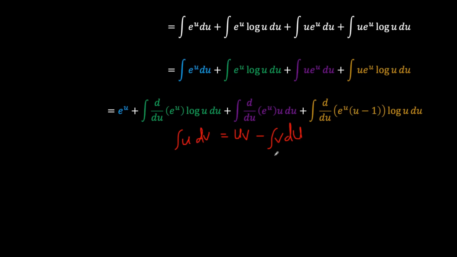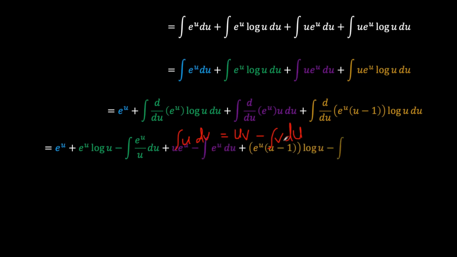So now what we can do next is solve the green by saying that uv is the same as e to the power u log u minus, the derivative of log u is 1 over u, so we have v du, where v is e to the power u over u. And then the purple, we have u times e to the power u minus, the derivative of u is 1, so we have just e to the power u.